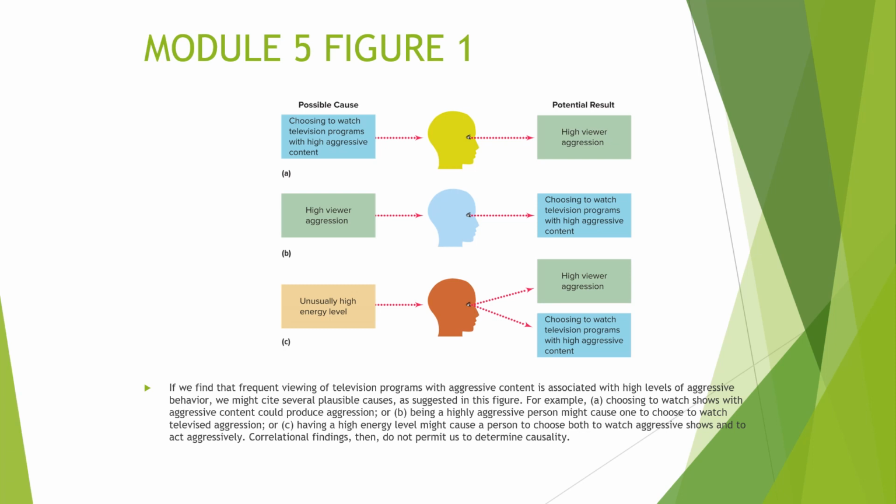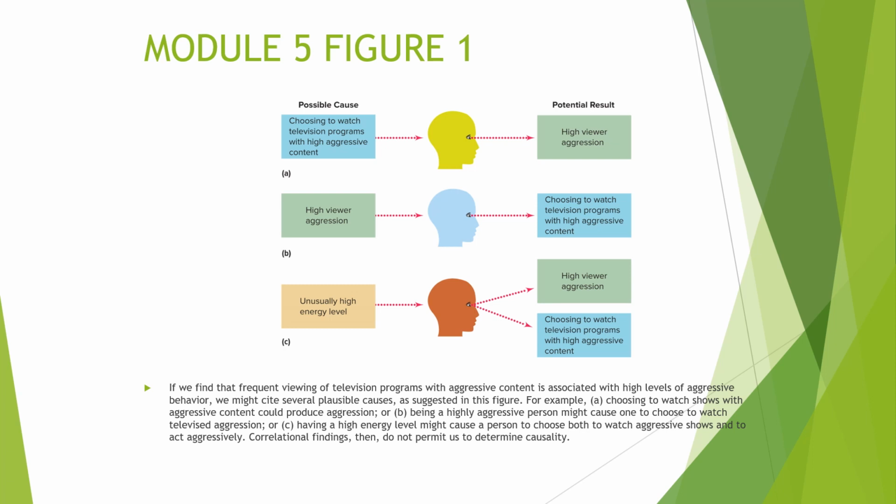Now, a lot of times we cannot determine a cause and effect relationship. Just because there is a relationship between watching violent TV and having violent behavior, there may be a correlation between those two things. However, you're not saying that violent TV causes violent behavior.